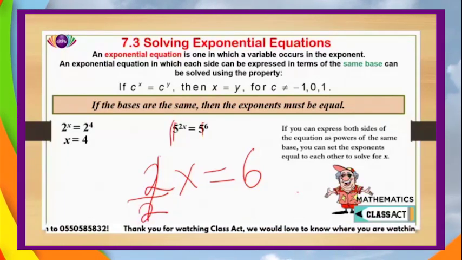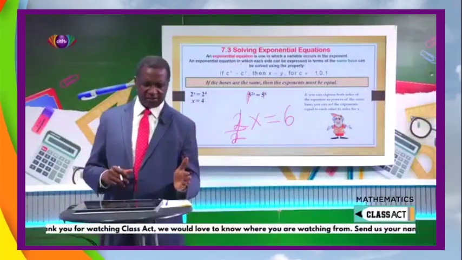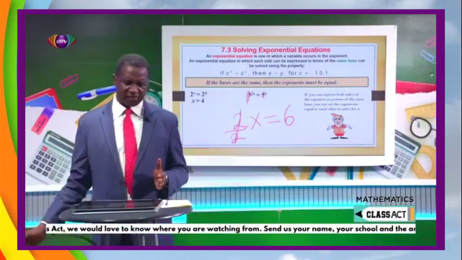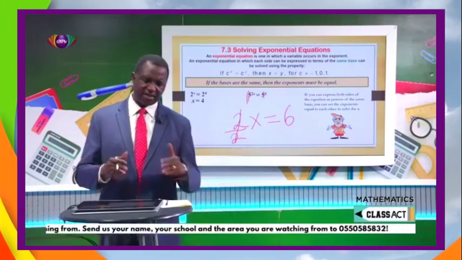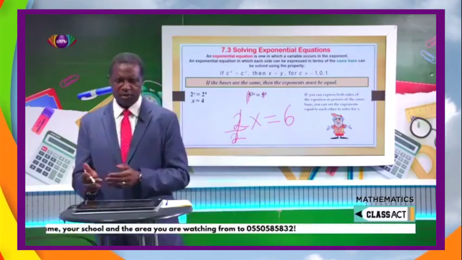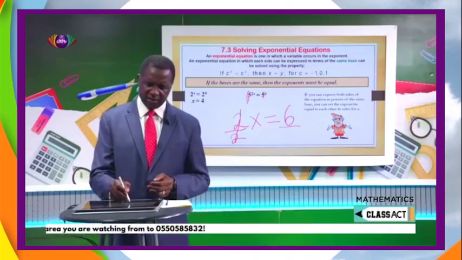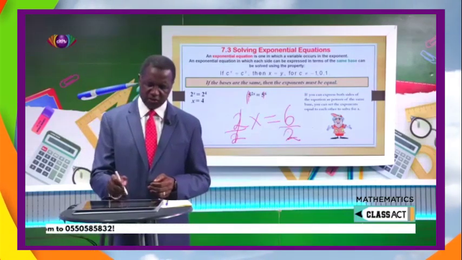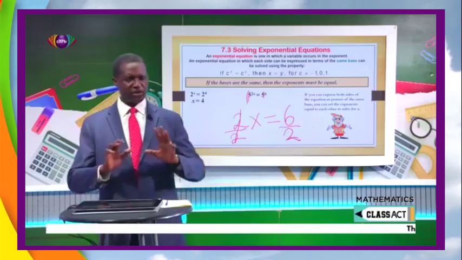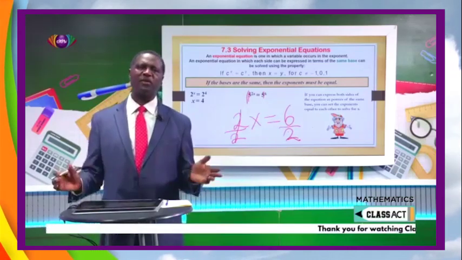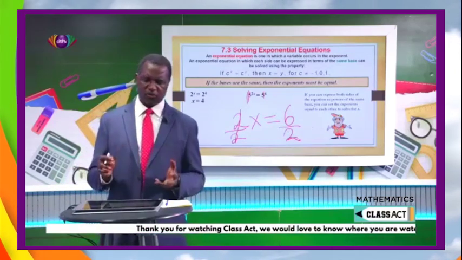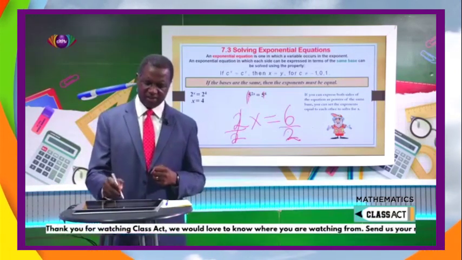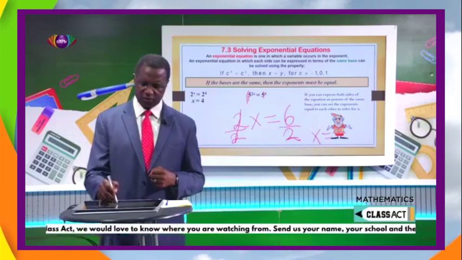I know some of you are saying no. Whatever you do to the left-hand side, you have to do to the right-hand side. I divided the left-hand side by 2, and therefore I have to divide the right-hand side by 2. I know from arithmetic that 6 divided by 2 equals 3. Therefore, my answer is x equals 3.